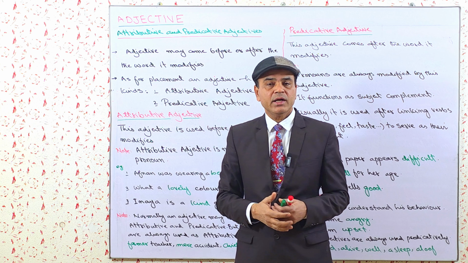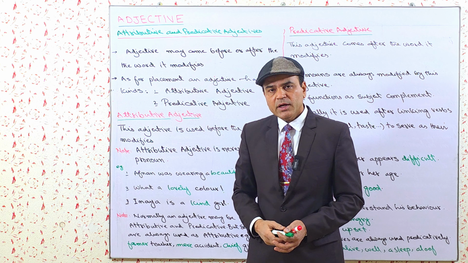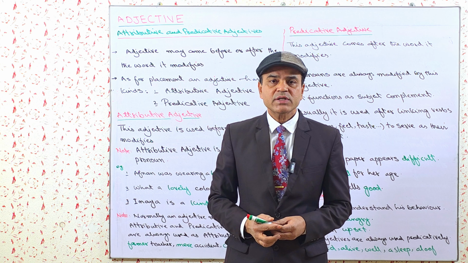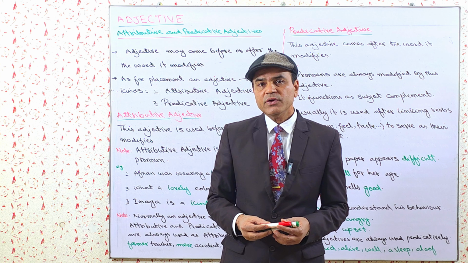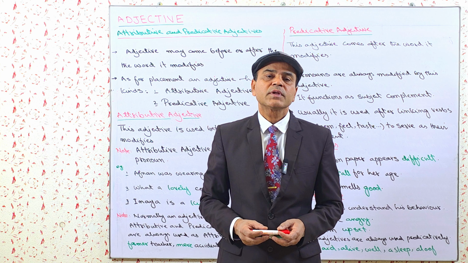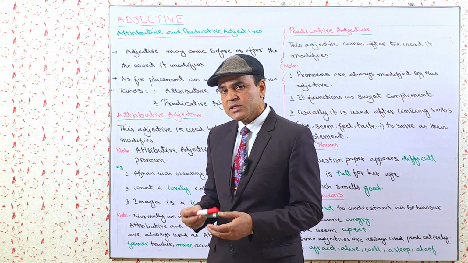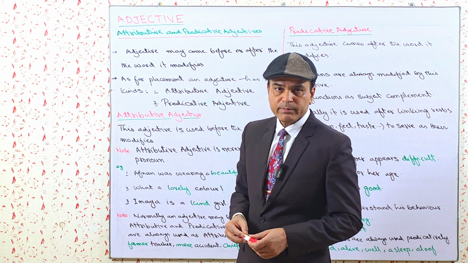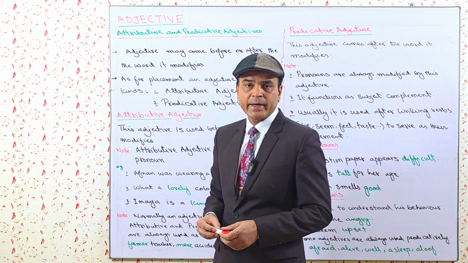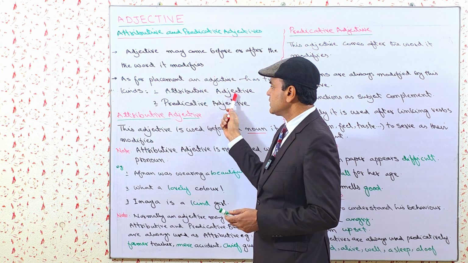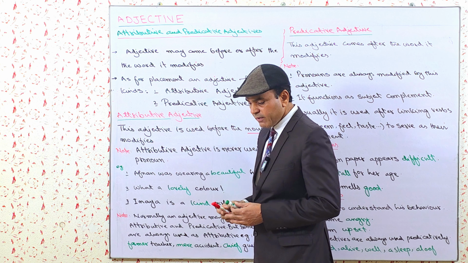In our last video on adjectives, we simply learned the function of the adjective in the English language. So in this video, we will be learning its first two kinds, and they are attributive adjective and predicative adjective.